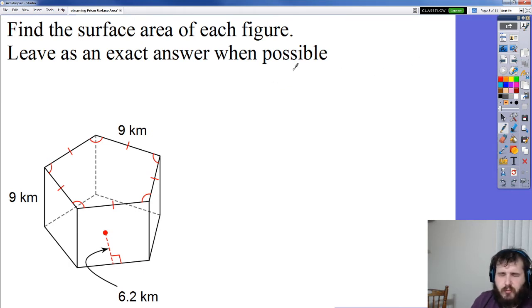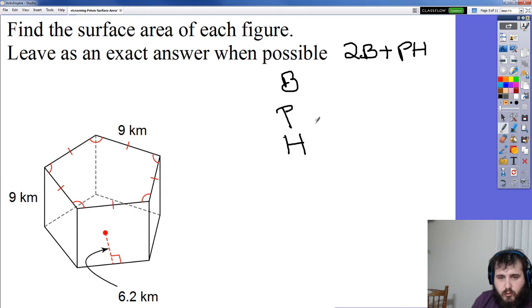Here's my formula: 2B plus PH. I'm going to find B, P, and H individually, plug them into the formula, and then I'm good. So B, area of the base.